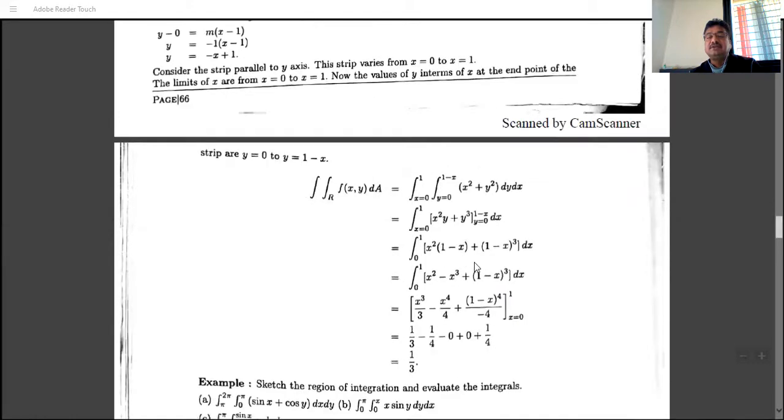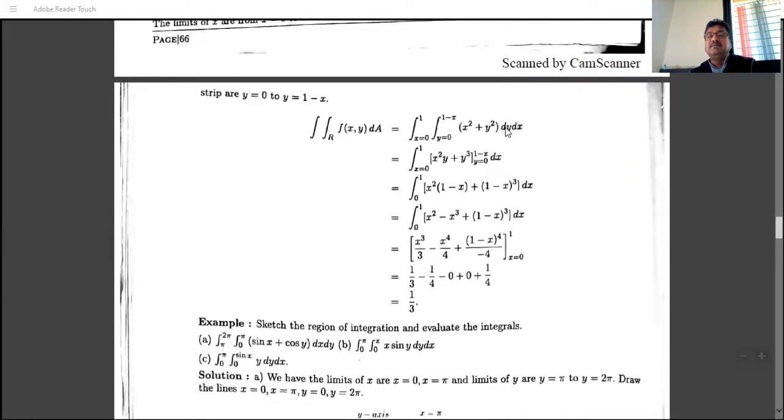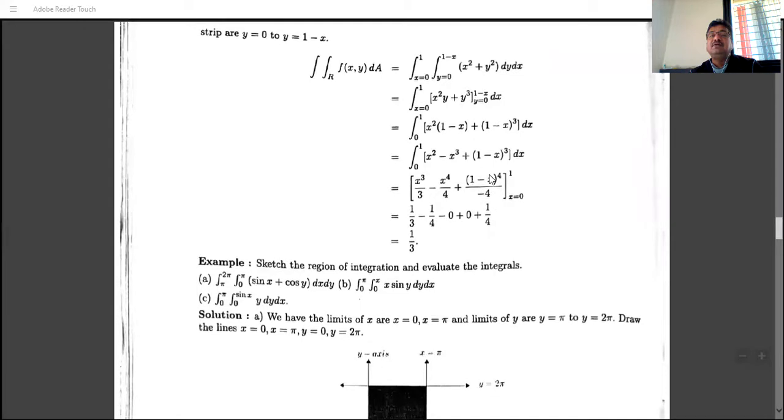And then solve this integration very simply. Simple calculation with respect to y. So x square is constant. Integration of y is y square by 2, y cube, y raised to 4 by 4. Then value at upper limit minus value at lower limit. Integration of x square is x square into y, and y square integration is y cube by 3.